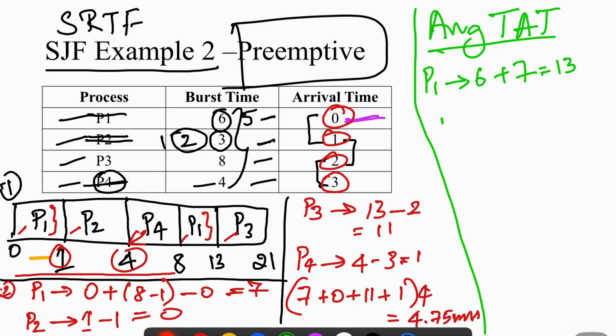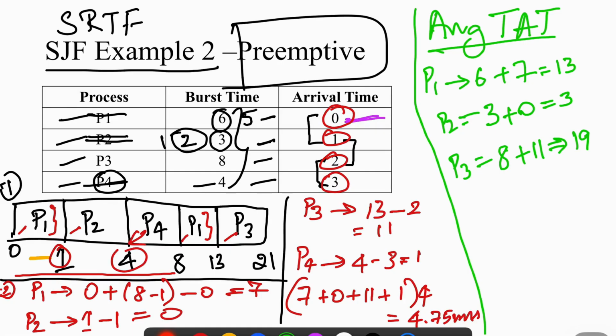Then P2. 3 is the burst time of P2, and 0 is the waiting time. So this becomes 3. Then P3. The burst time is 8 plus the waiting time, that is 11.